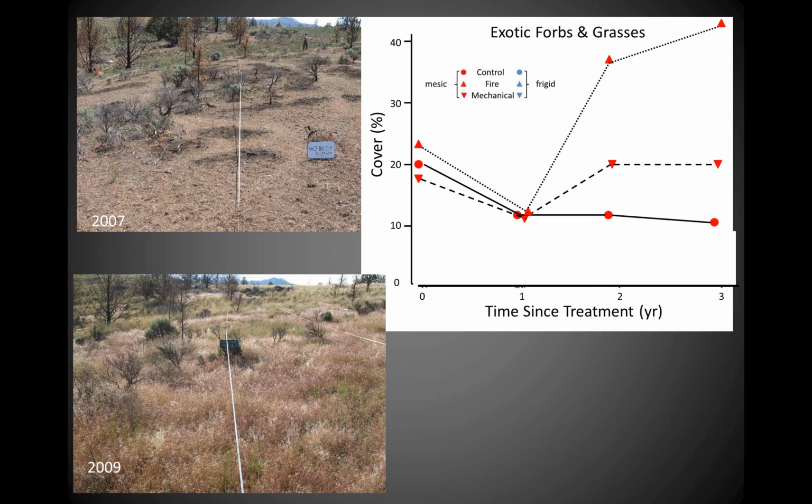That was pretty consistent. The other thing that was very consistent is the magnitude of increase between what we would call these warm, dry sites, which would be mapped as mesic, aridic, and those would be, for example, Wyoming big sagebrush communities generally.